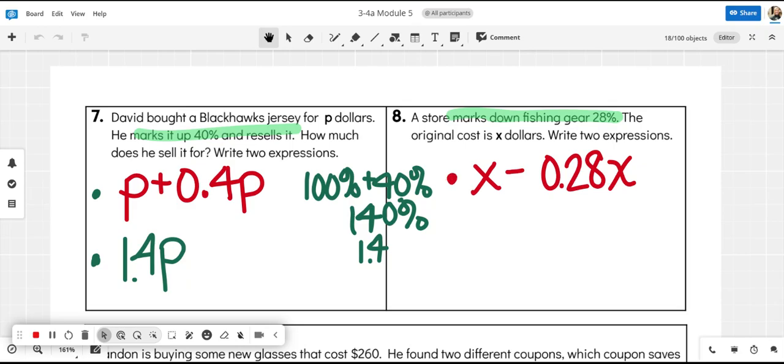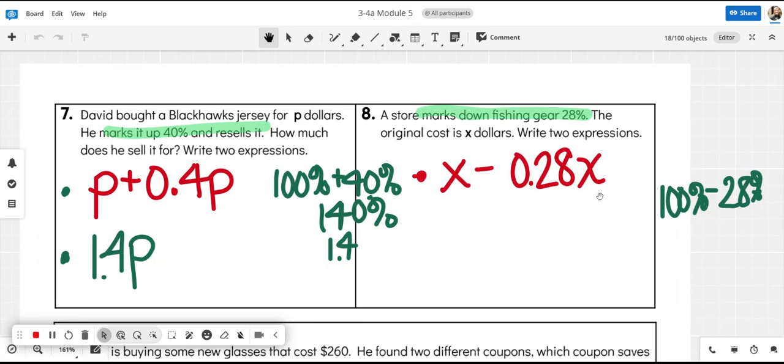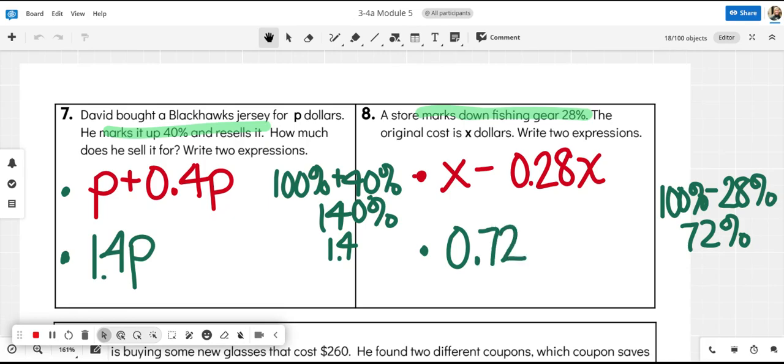Now the second one, okay, if I have 100%, and I'm marking it down 28%, what percent are we paying? Thinking about 100 minus 28, hopefully you got 72%.